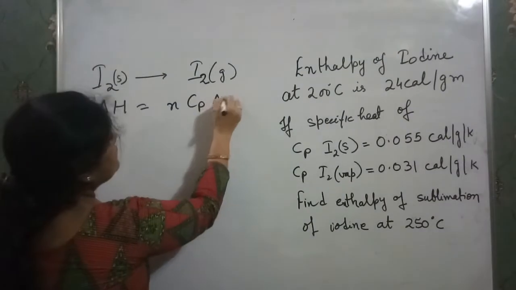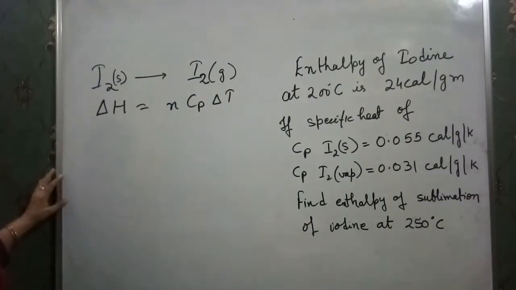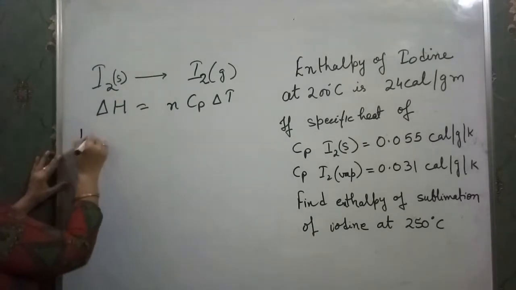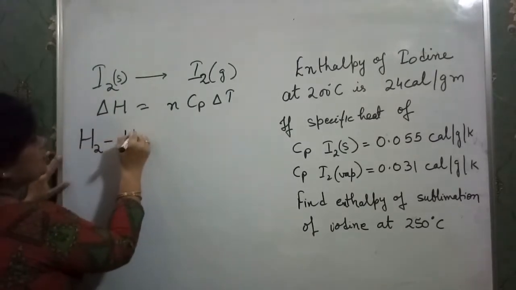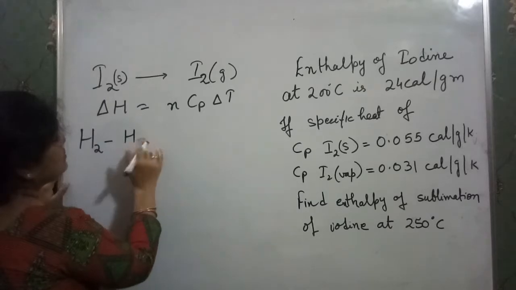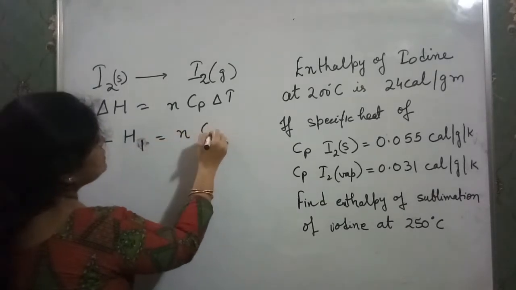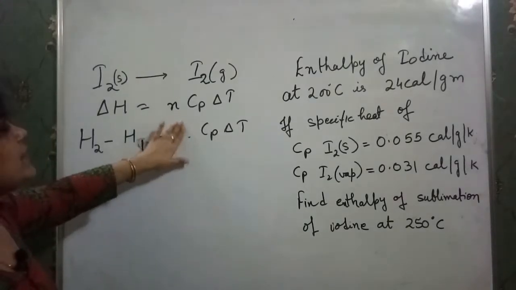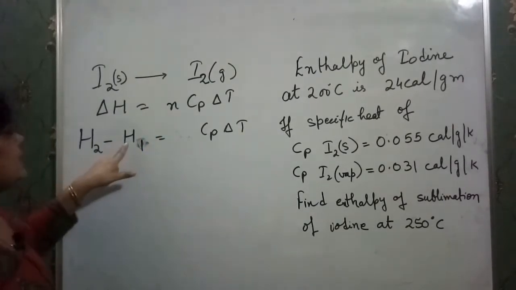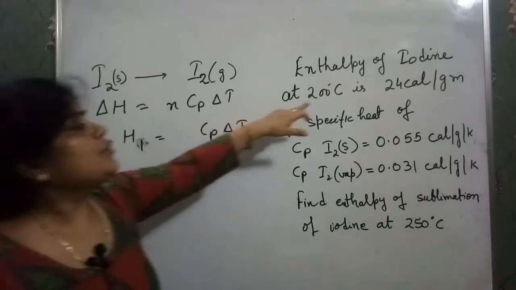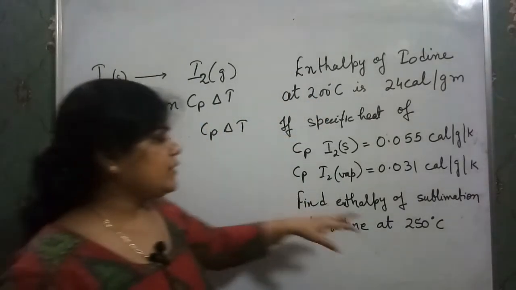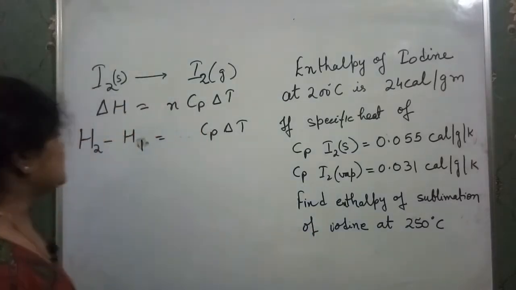n Cp delta T. Clear? So this is the change in enthalpy at different temperatures. We can write H2 minus H1 is equal to number of moles times Cp delta T. Here the number of moles is 1, so we can ignore it. H1 is the enthalpy at 200 degrees Celsius and H2 is the enthalpy we have to calculate at 250 degrees Celsius.